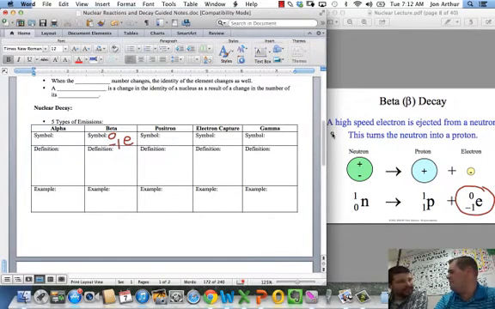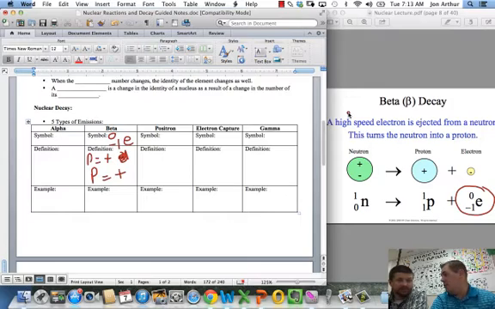It's kind of confusing. Basically, you can think of a neutron as a positive charge and a negative charge that just cancel each other out. When it gives off an electron, the neutron just becomes positive, and so you've created a proton. A proton is just a positive charge.